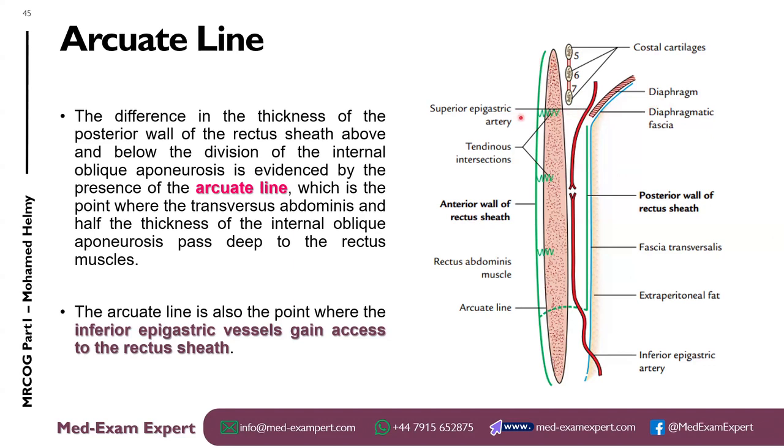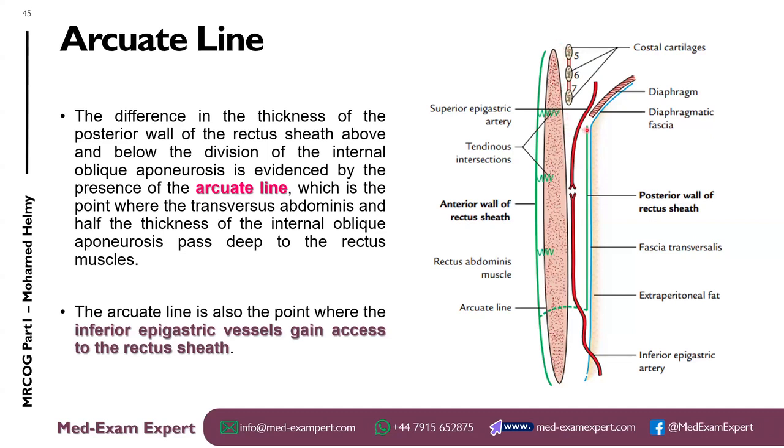We have three parts of this sheath. At the costal cartilage here, we have only the anterior rectus sheath wall made of the external oblique aponeurosis, and posteriorly only costal cartilage. There is no posterior rectus sheath wall here, okay?